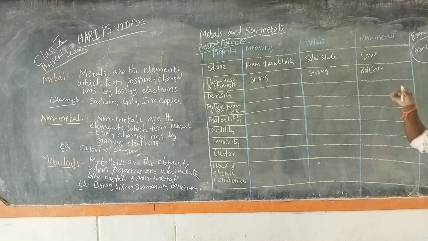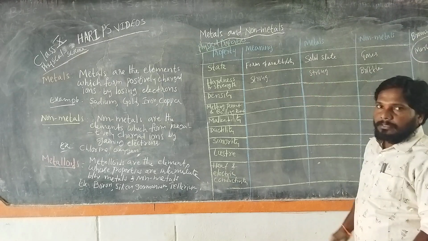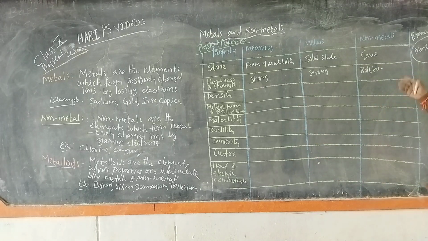Instead of using the word soft, they are brittle in nature. So when we beat the metals, they won't break easily, whereas when we beat the non-metals, they can break easily. So non-metals are brittle in nature.